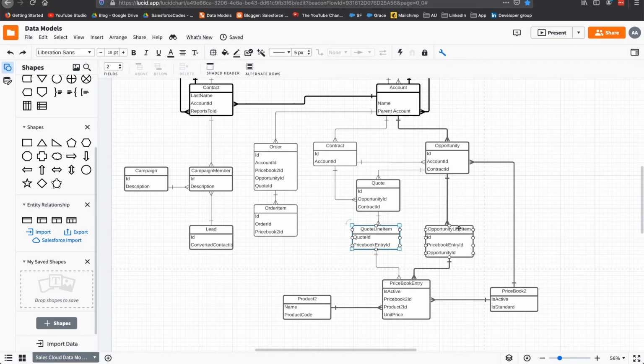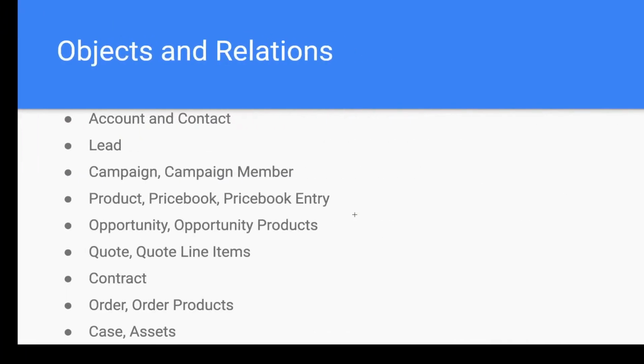It's very similar to opportunity and opportunity line item, and you can even mark one of the quotes as the primary syncing quote. Once it is marked as the primary syncing quote, whatever changes you make to this quote line item will be reflected in the opportunity line item or opportunity product. Similarly, any change to the total amount will be reflected in the opportunity amount also. That's how opportunity line item and quote line item all work together.